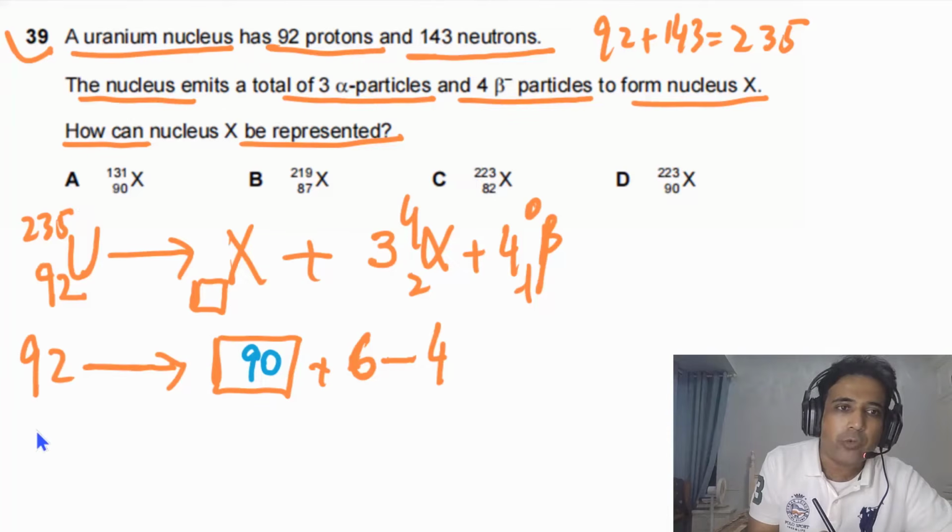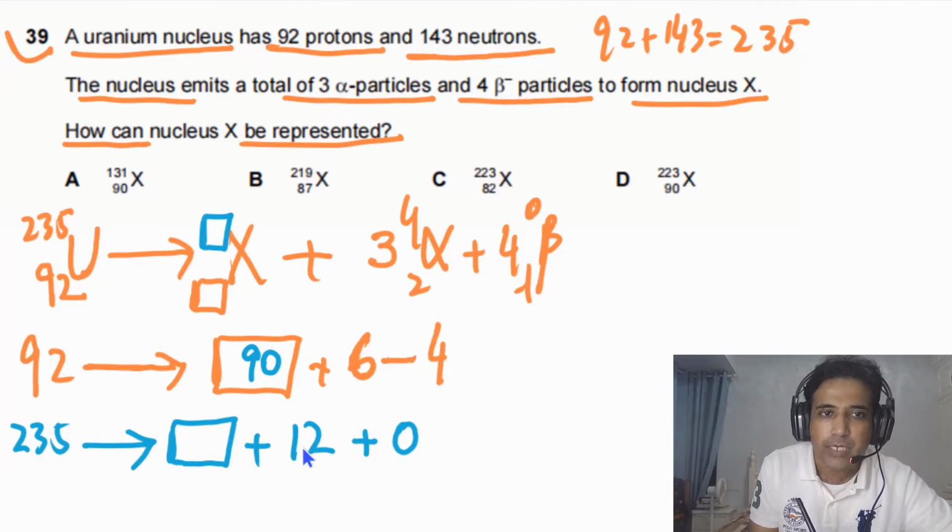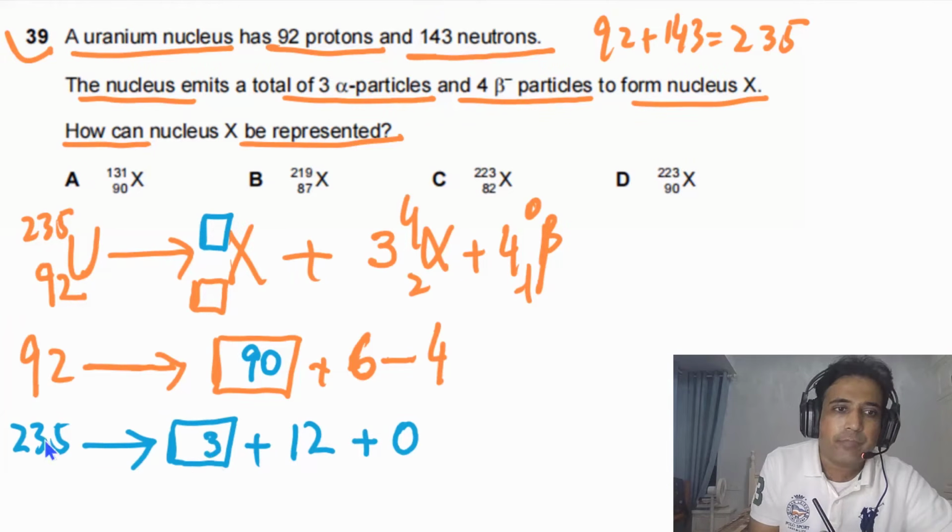Now we need to look at mass number. So we have 235. This is the mass number of X, which is what we need to find out. Mass number decreases by 12 and there is no change in mass number from beta minus because this is 0. So it simply means we have 235 minus 12. 5 minus 2 we will get 3, and 3 minus 1 we will get 2.